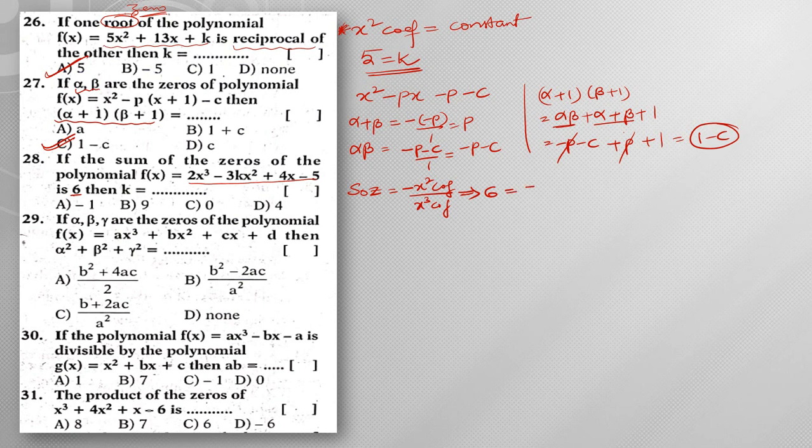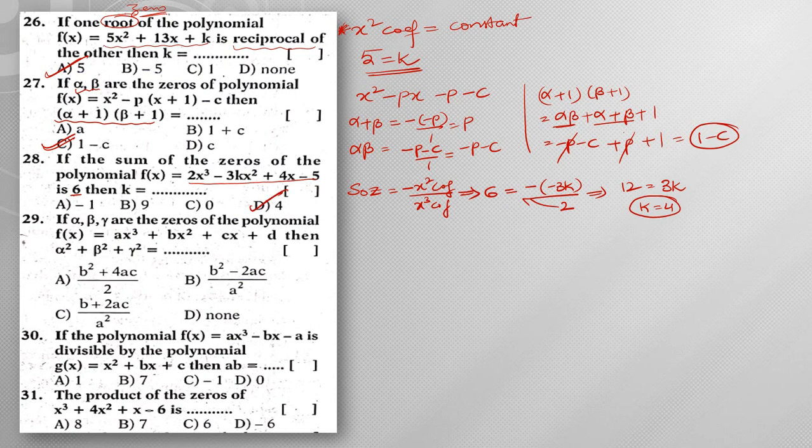So 6 is equal to minus x square coefficient, which is minus 3k, by x cube coefficient, which is 2. Now on simplification, what am I going to get? Directly I can transpose this 2. So this becomes 12 is equal to minus of minus 3k, which is plus 3k. From this k is equal to 4. Hence the answer for this question is 4.